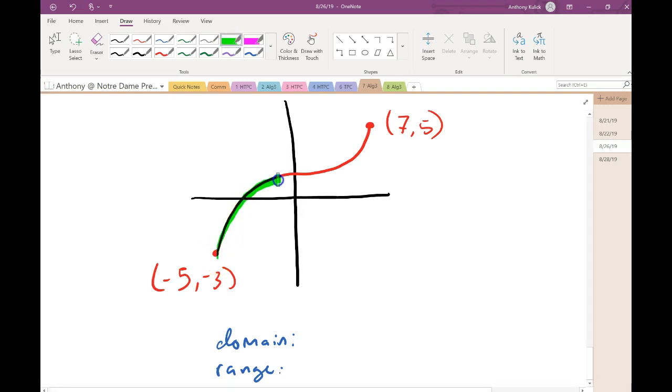How many points are on this curve? Infinitely many. Remember from geometry that a line is made up of infinitely many points. It has two endpoints, sure, but there's infinitely many points in between. Everybody okay with that idea?